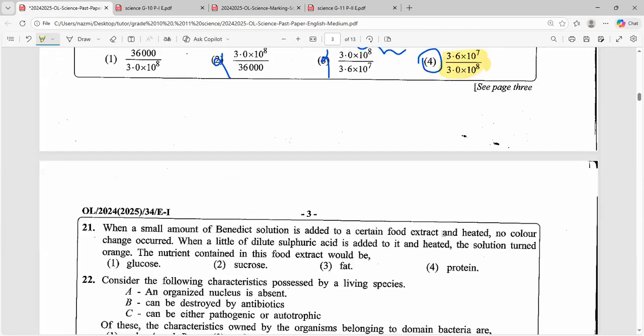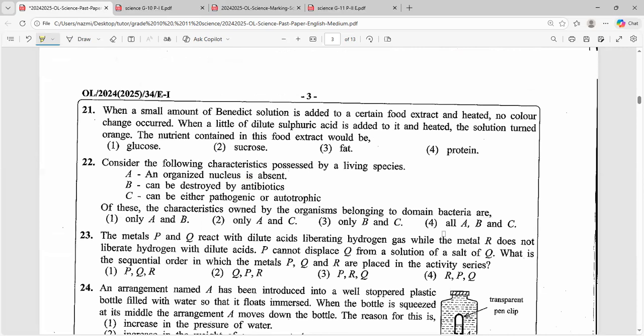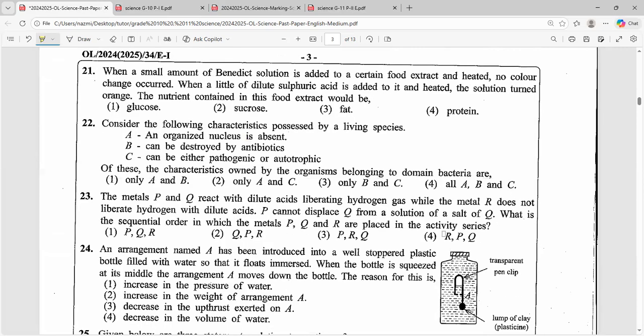21. When a small amount of Benedict solution is added to a certain food extract and heated, no color change occurs. When a little dilute sulfuric acid is added to it and heated, the solution turns orange. So what is this? Sucrose. Why is it not glucose?